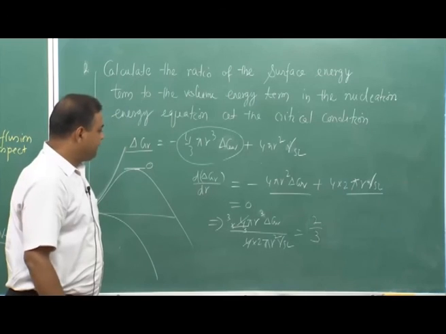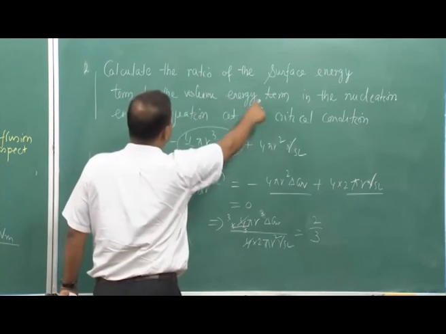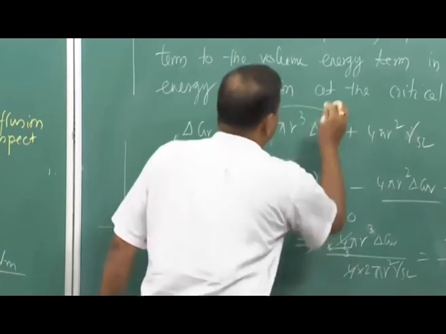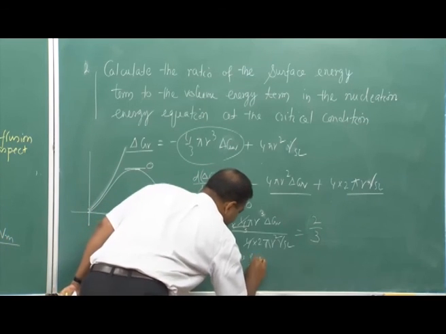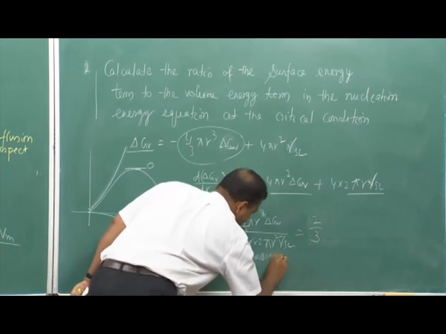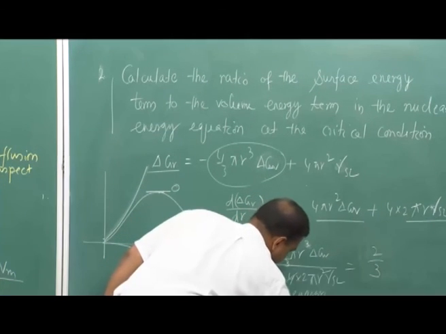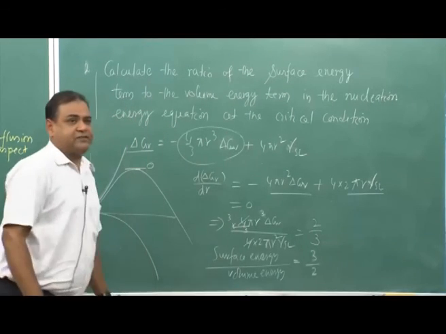Now, if I try to see the surface energy to the volume energy term, it just reverses. So, the surface energy to the volume energy term is equal to 3 by 2. Okay, this is the answer.